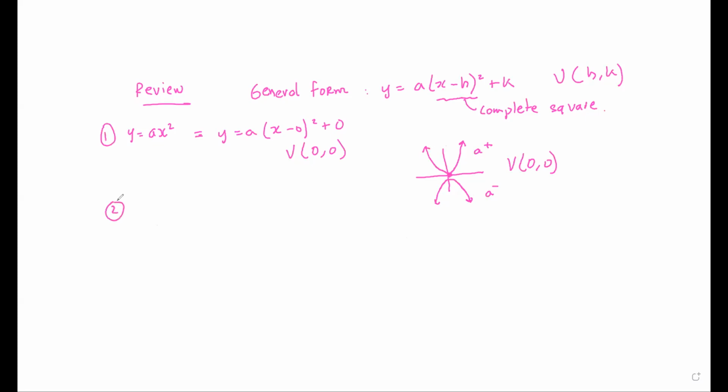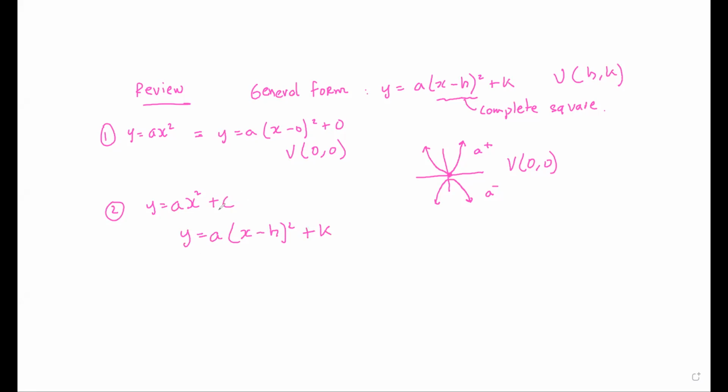Then we did a second one, y equals ax squared plus, I think we called it c, okay? I should probably just tidy that up. Ax squared plus c. So in this case, we can compare it to y equals a(x minus h) squared plus k. In this case, h was 0, but we had a number on the end, and it was k.